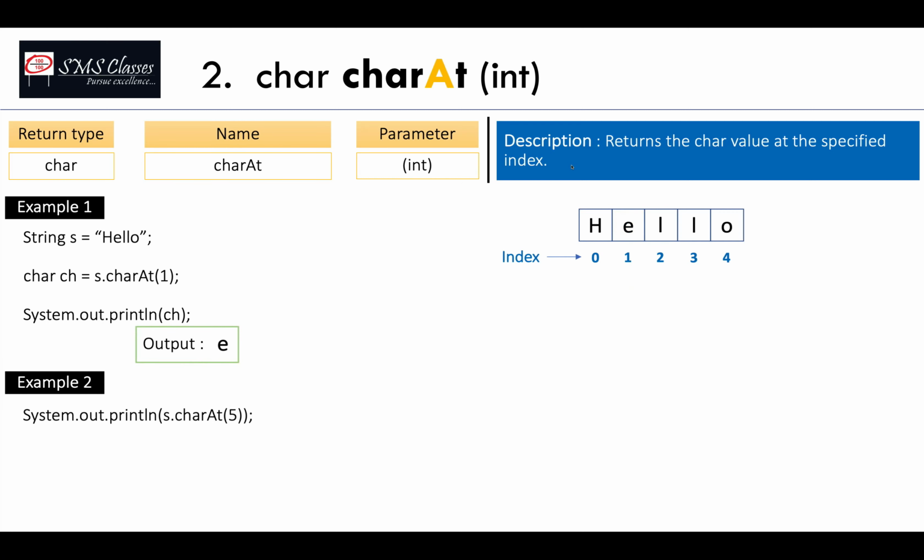Another scenario: you're giving s.charAt(5) for hello. There is actually no index called 5. But if you notice, it will compile successfully. That is, there is no compile time error, meaning the syntax is correct. We should pass an integer, so we passed an integer.